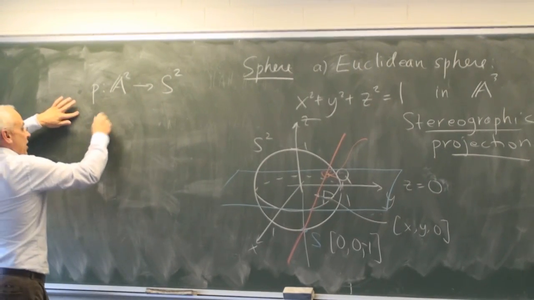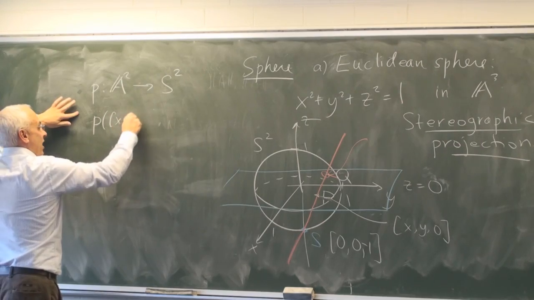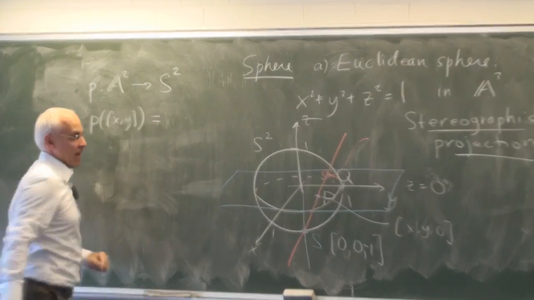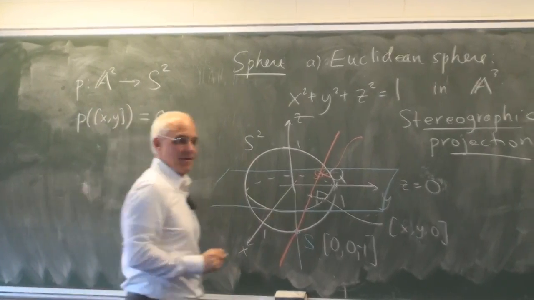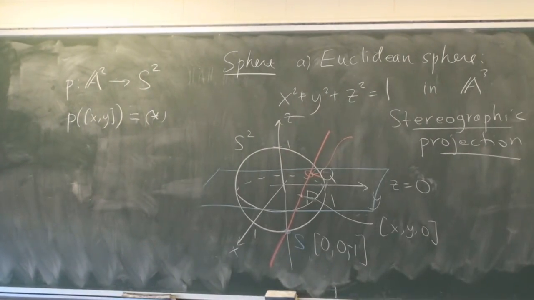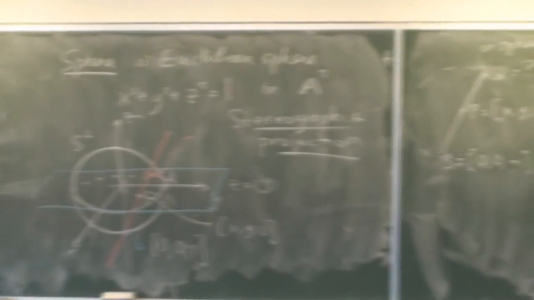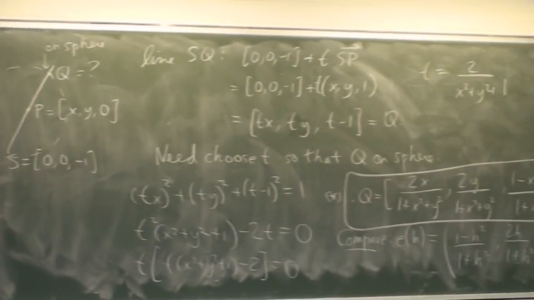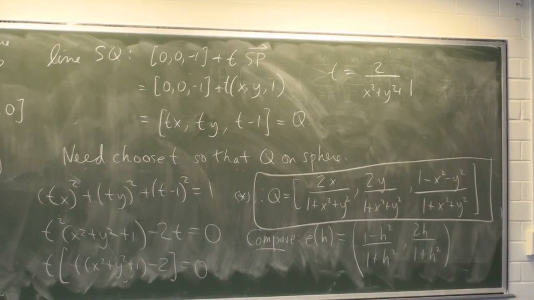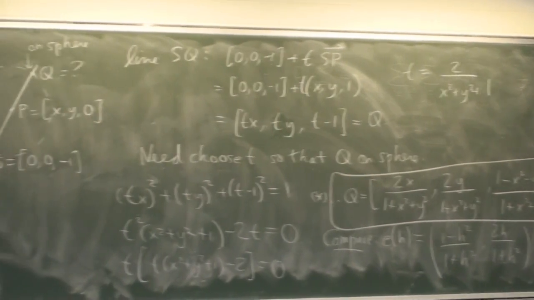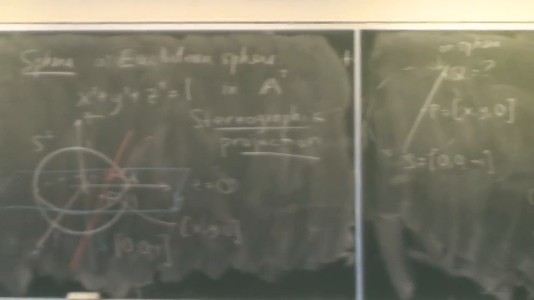And P of the point xy is, well, exactly this formula that we had over there. A formula for our stereographic projection. So this is a map from the plane to the sphere.